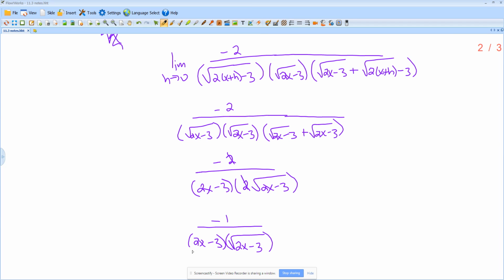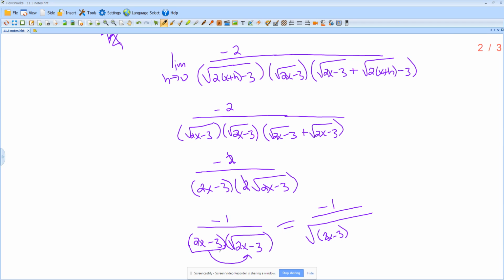If I want to multiply this into the square root, you have to be thinking like originally, if I took it out of the square root, I square rooted it. So to put it back in, I must square it. So this becomes negative 1 over, and I'm going to write this a little bit weird, we have 2x minus 3.